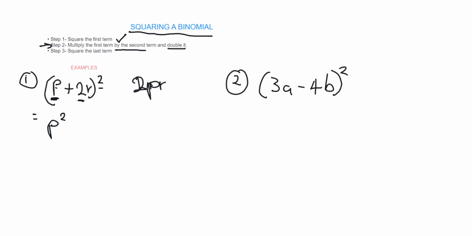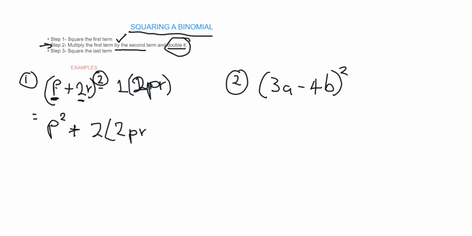And then they said you double it. So this is going to be 2pr multiplied by 2. And where does that 2 come from? The 2 is the one at the exponent. So you're going to have plus 2 into 2pr.